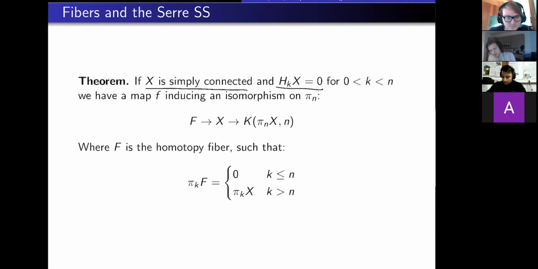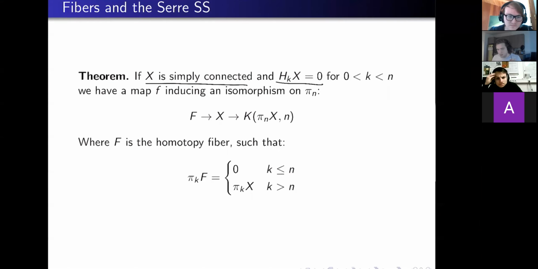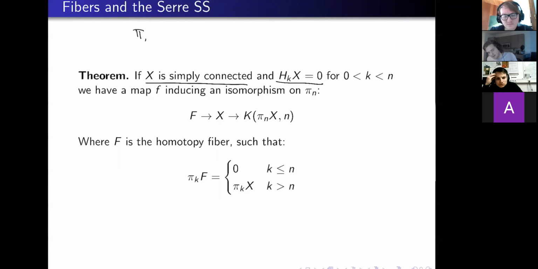Now, moreover, this map will have a homotopy fiber F, and it turns out that this homotopy fiber satisfies this requirement. So what is all of this data telling us? Well, if H_k(X) is 0 for k greater than 0 up to n, then the Hurewicz theorem tells us that pi_n(X) should be isomorphic to H_n(X). And normally this is easy to compute, so we don't care.